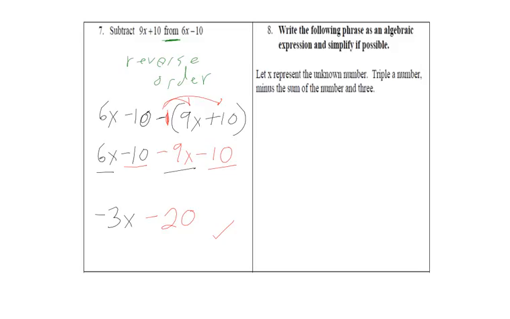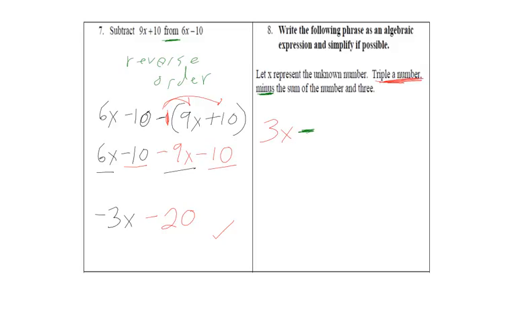All right, question 8. They'd like us to translate from English to math speak. All right, the first phrase, triple a number. That just means 3x. Next, the word minus. Okay, minus is minus.